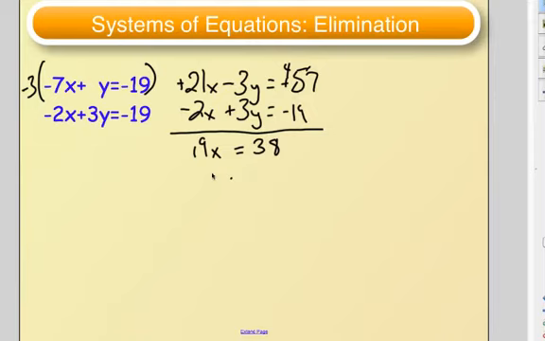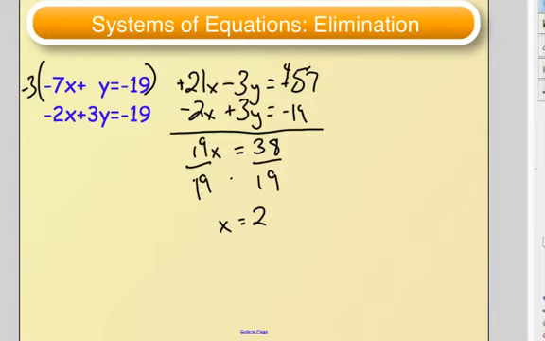Okay, now divide both sides by 19 to get x all by itself. And it works out again very nicely that these go in evenly 2 times. 38 divided by 19 is 2.